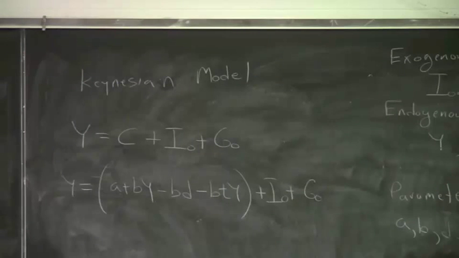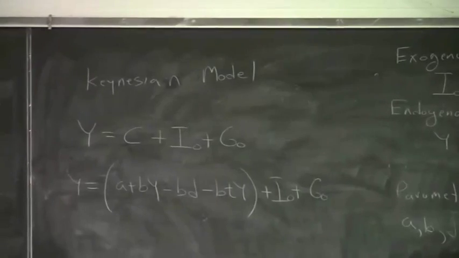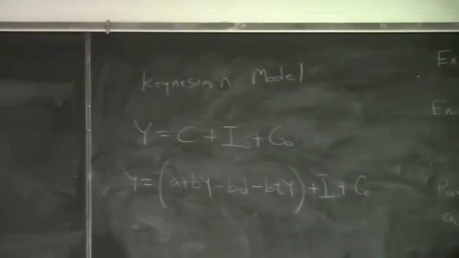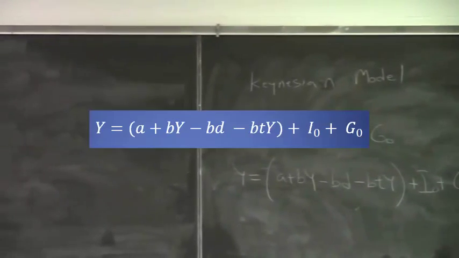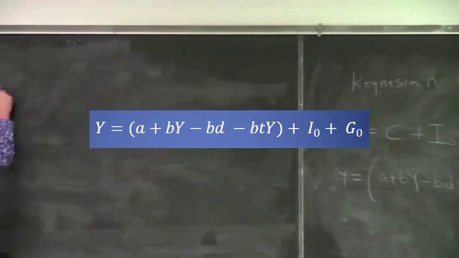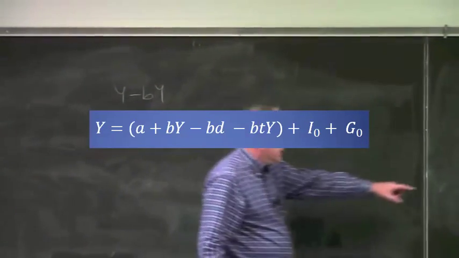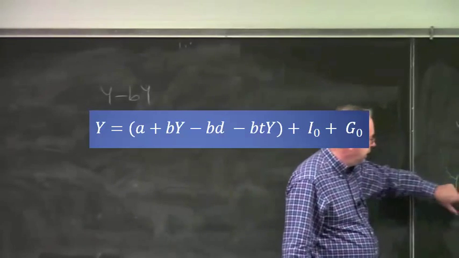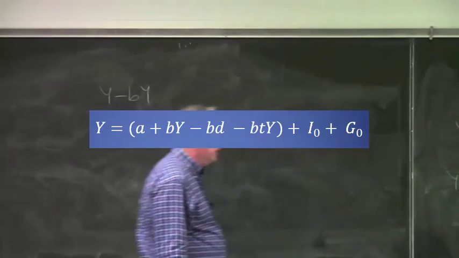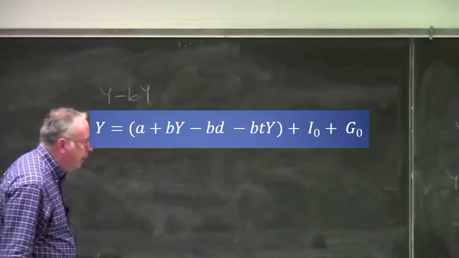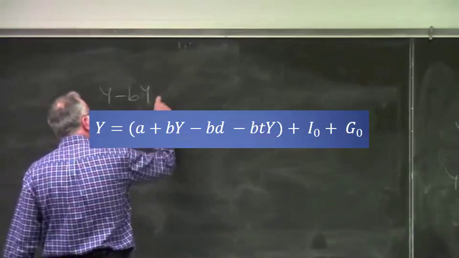Yeah, we bring all those Y's on the right-hand side over to the left-hand side. So now we have, let me write that over here. Y minus BY. Make sure you get the signs. When you bring them over, you have to change the sign. So it's Y minus BY plus BTY.